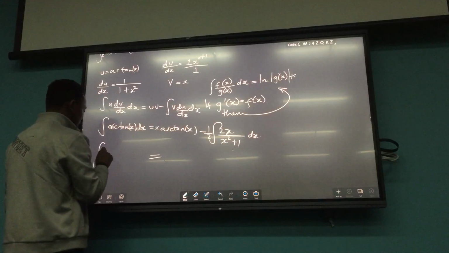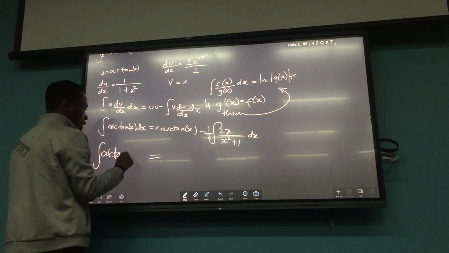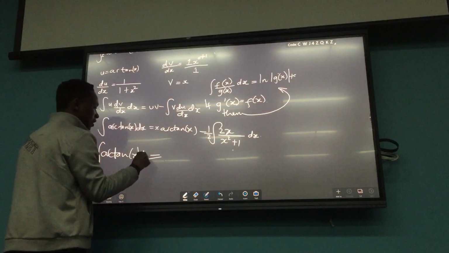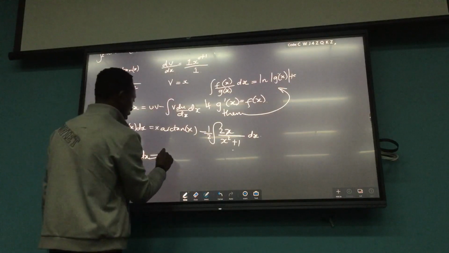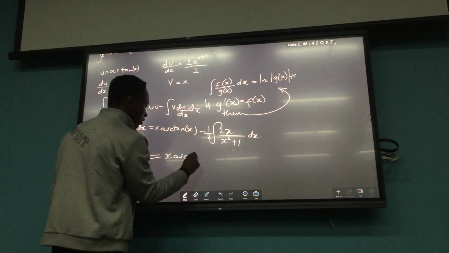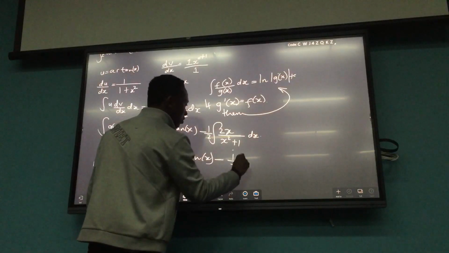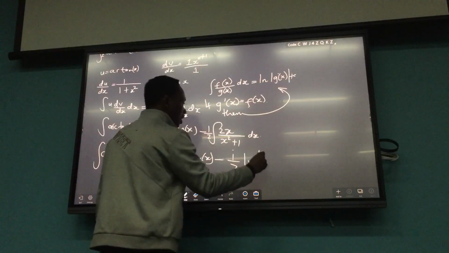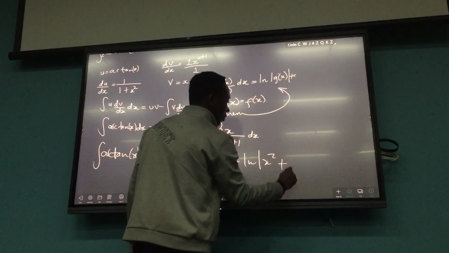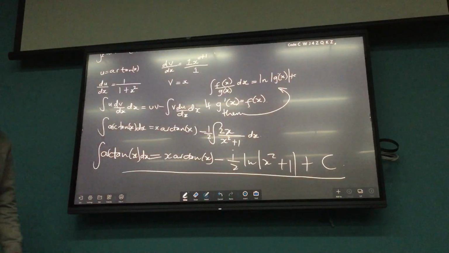So our final answer is going to be: the integral of arctan of x dx equals x arctan of x minus 1/2 ln modulus of x squared plus 1, plus our constant of integration c. That's our solution.